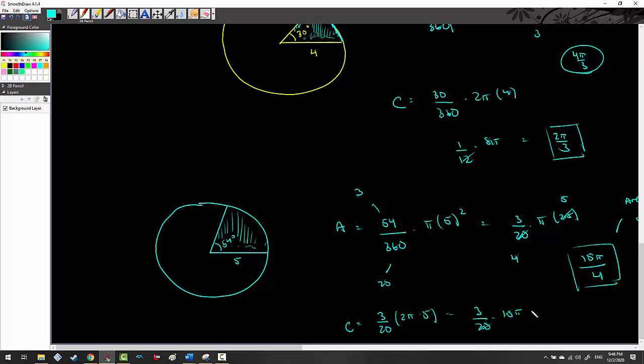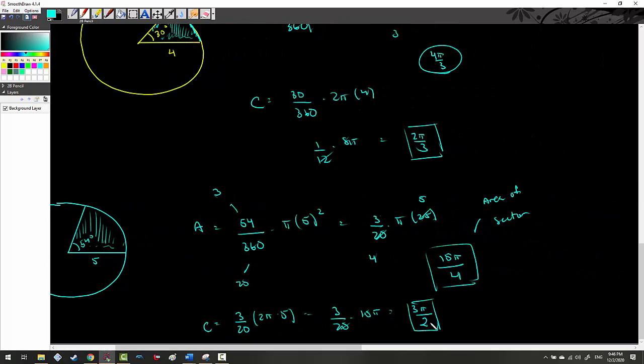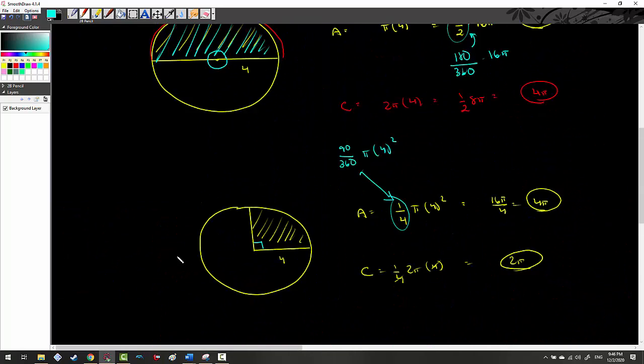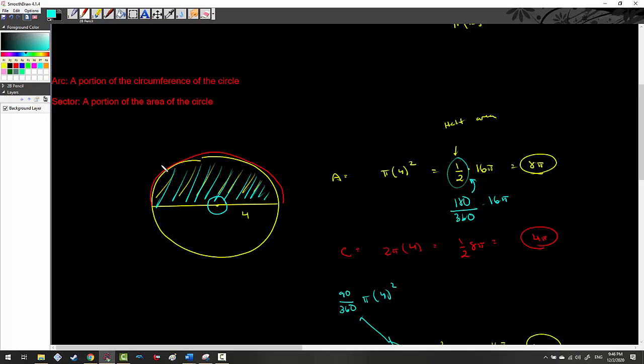Those will cancel, giving me 3 pi over 2. And again, that is my arc length based on that angle right there. Remember, an arc length is a portion of the circumference of the circle.